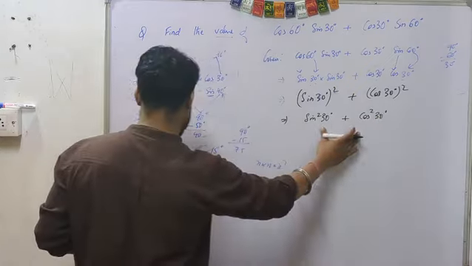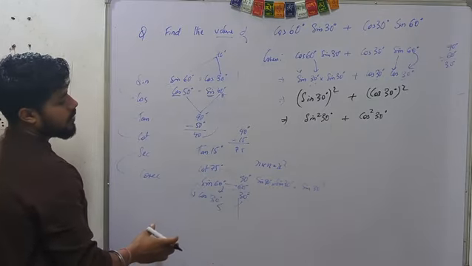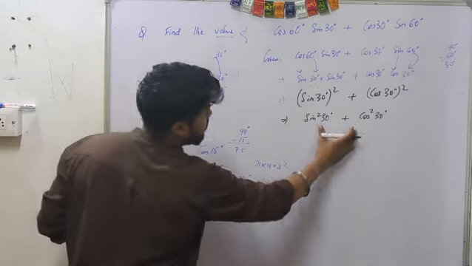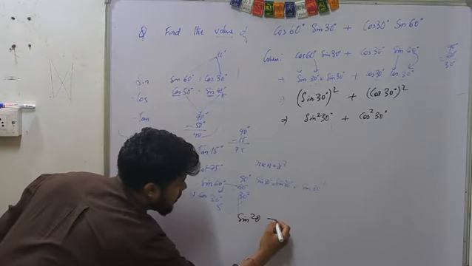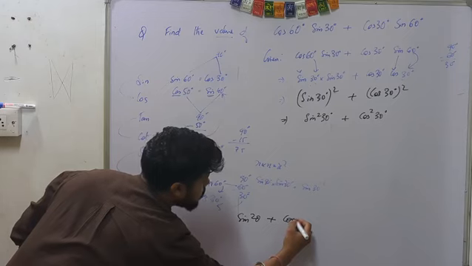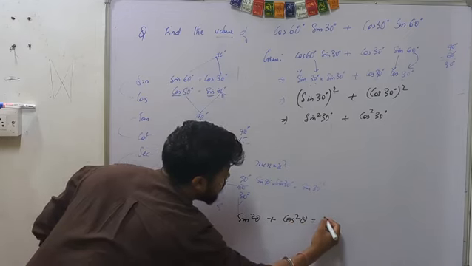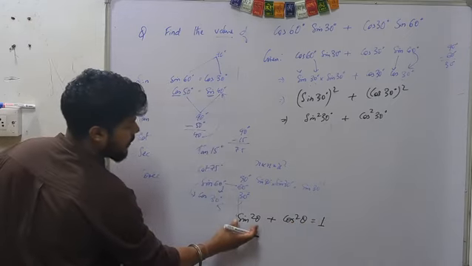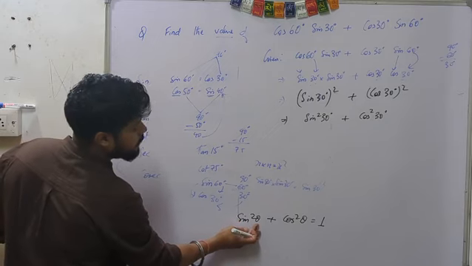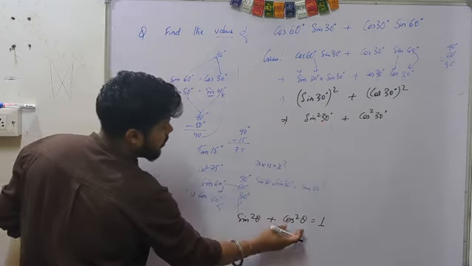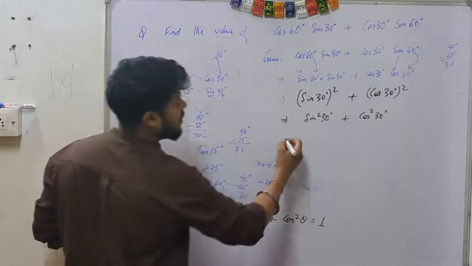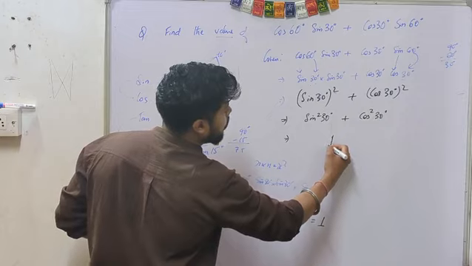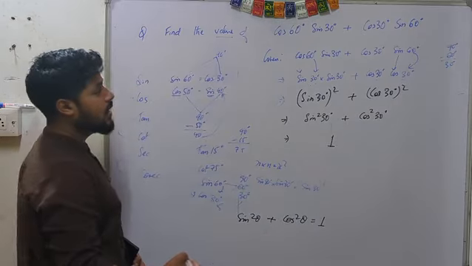Just now I told you we're trying to convert it into the expression sine square theta plus cos square theta, which is equivalent to 1. Hence you have sine square 30 degree plus cos square 30 degree. Both the degrees are matching, hence you'll write down 1. So we got the answer.